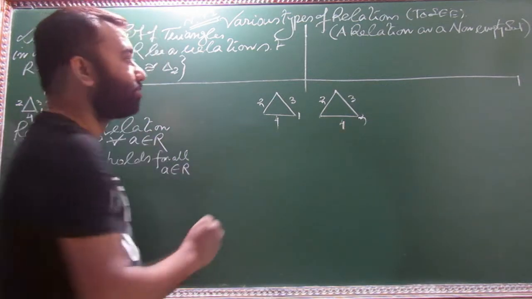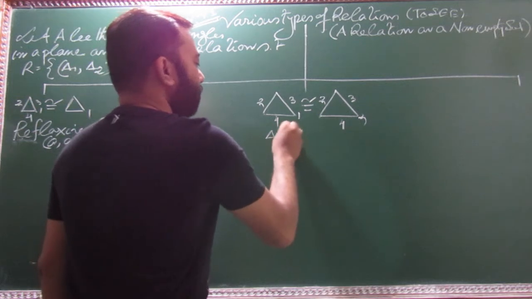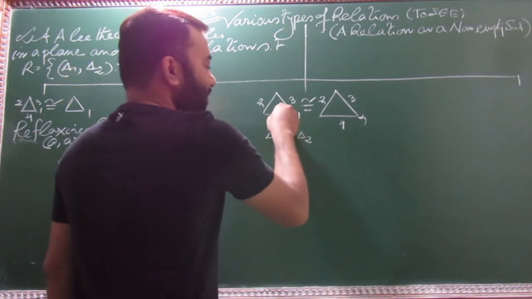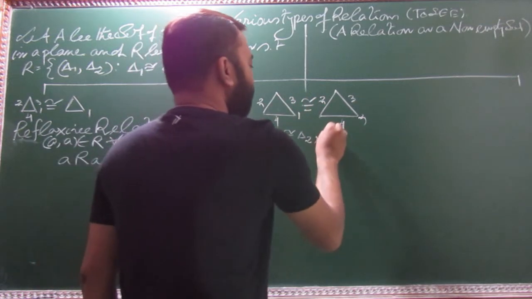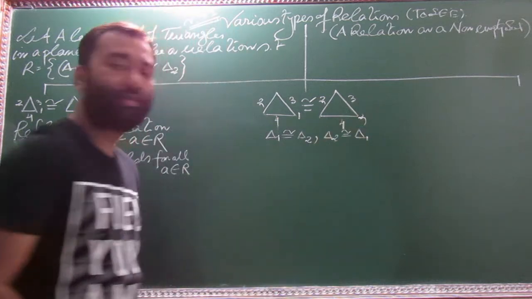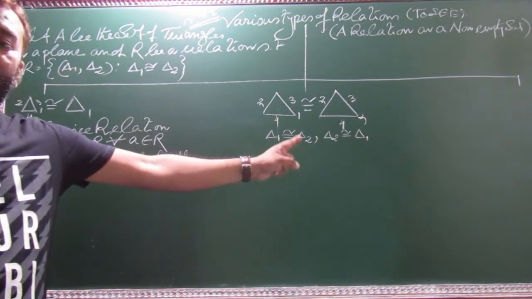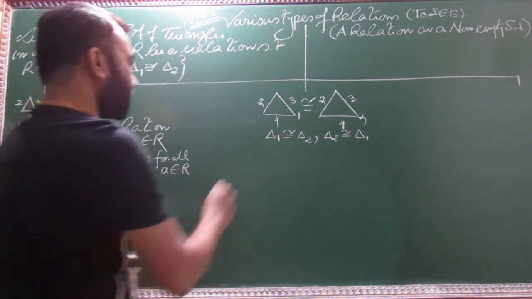Then you can write del 1 congruent del 2. If this is congruent with this, then this is also congruent with this. That means del 2 congruent with del 1. This property is known as symmetric property or symmetric relation.